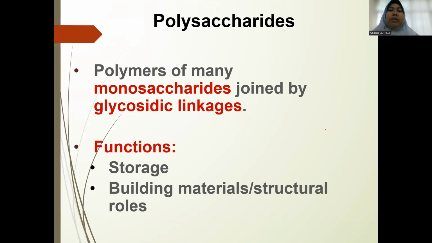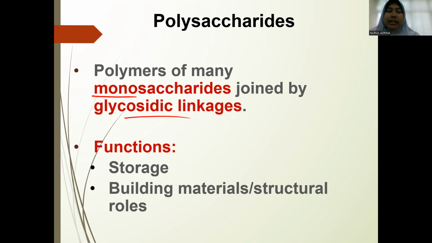Now we are moving into polysaccharide. So what is polysaccharide? A polysaccharide is a polymer of many monosaccharides, meaning the joining of monosaccharides, maybe hundreds or thousands of glucose joined together by glycosidic linkages.